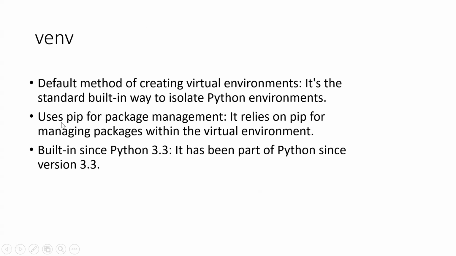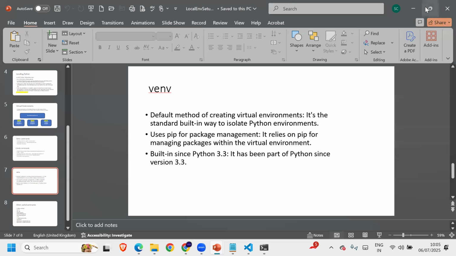The default way of creating environments is the standard way, built in. It's giving an error. I just installed Python and tried it. Can you show me your screen? Share your screen. Just a moment.